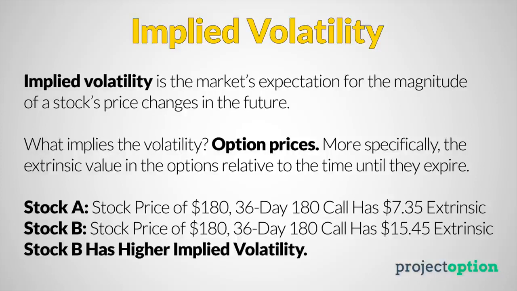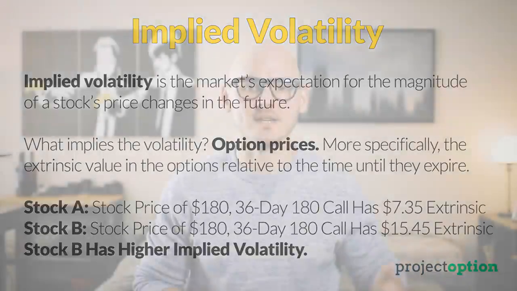So in the options world, when you look at two similarly priced stocks and one has significantly more expensive option prices than another stock that has a similar share price, then the one with more expensive options has higher implied volatility, and that just means that the market is expecting that stock to experience much larger stock price swings compared to a stock with lower levels of implied volatility.